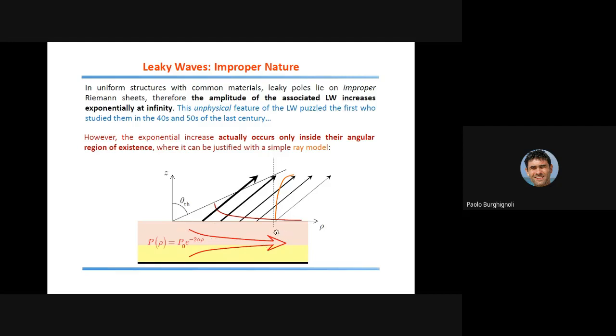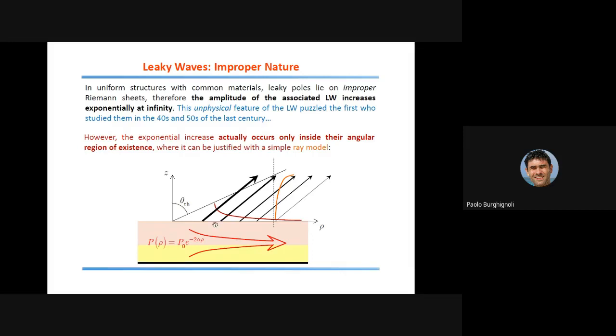However, if you now observe things not as a function of rho, but as a function of z, at a fixed value of the radial distance, so you observe things along this dashed line, what you see is that you run into progressively different rays, and if you increase z, you start with rays that carry small power, then you encounter progressively increasing power associated to the rays, exactly for the same reason that I have described before.